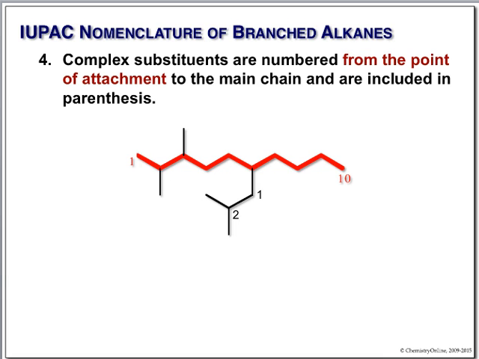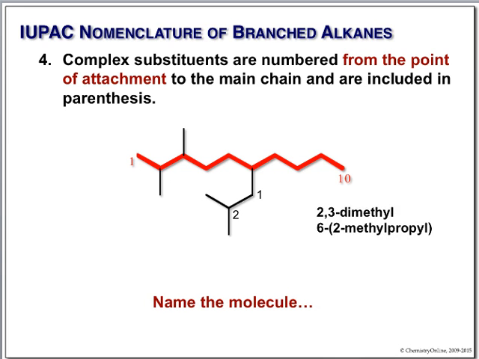So, on our decane, we have a 3-carbon unit, that's a propane, propyl. And on carbon 2 of our propyl, we have another methyl group. We would refer to this as a 2-methyl propyl. Put the whole thing in parentheses to indicate it's a side chain, and we have to say it's attached at carbon 6.